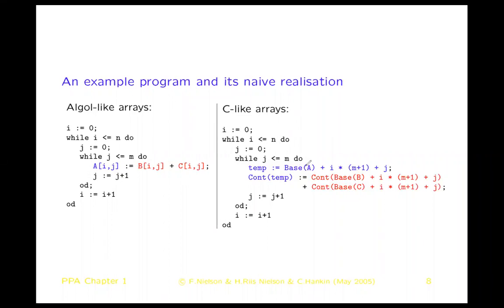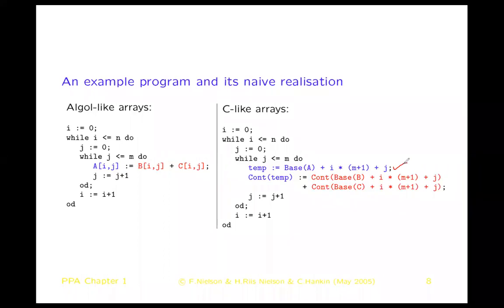So you will see the address of the array element A of ij is computed on this line.